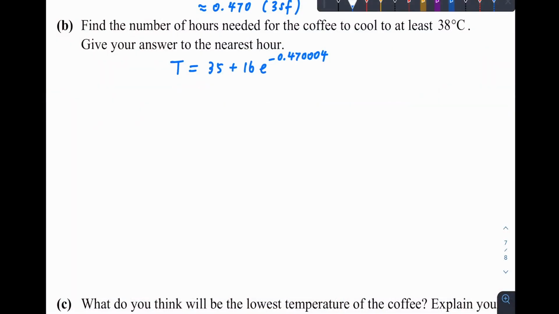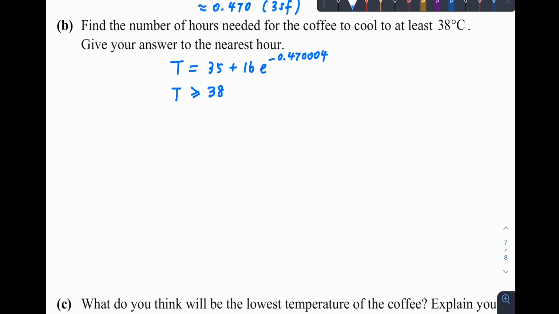Okay, so here we are looking at question B, and in question B we need to find the number of hours needed for the coffee to cool to at least 38 degrees. So the thing is, we are looking for the coffee to cool to at least 38. So the inequality that we need to set up is T is more than or equal to 38 degrees Celsius.